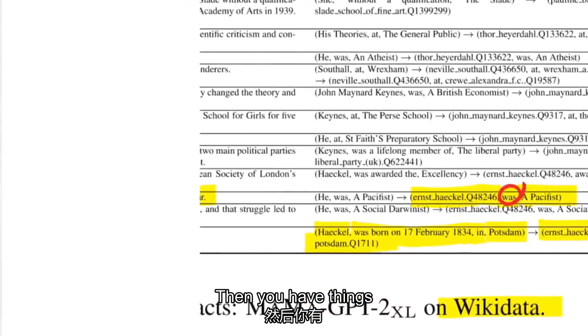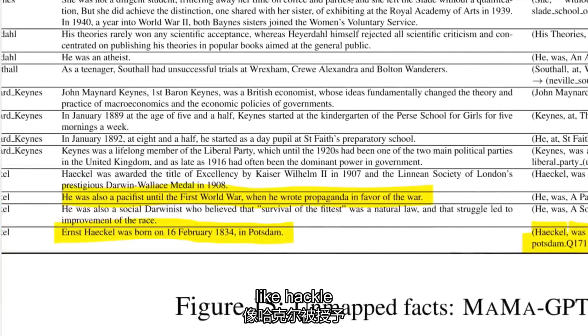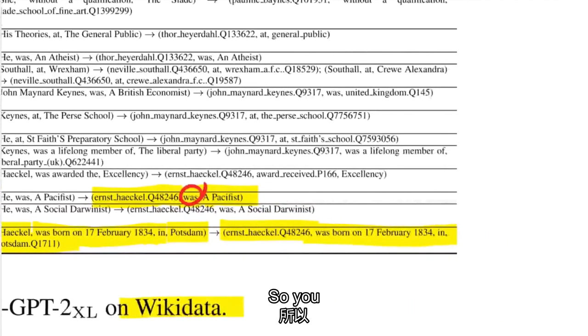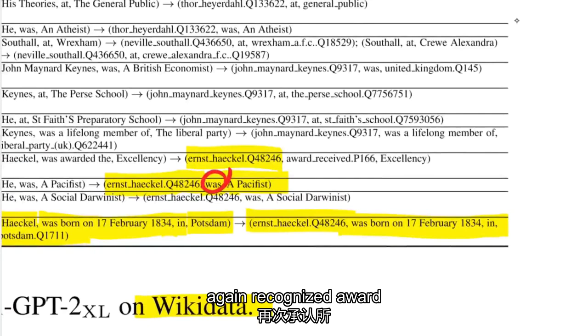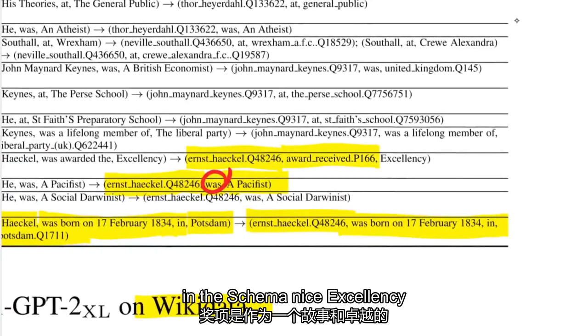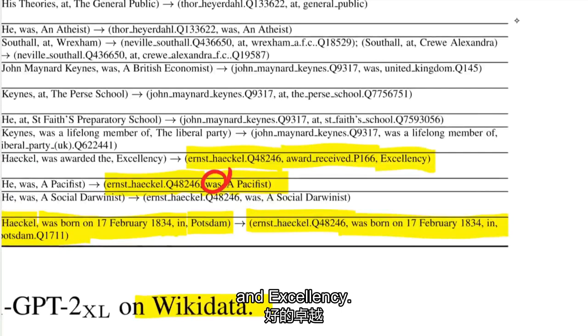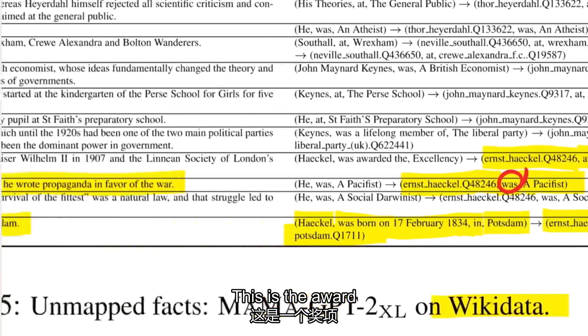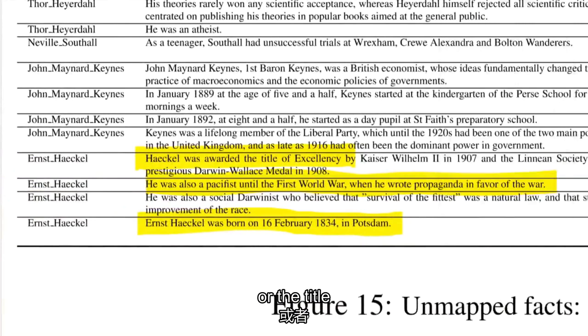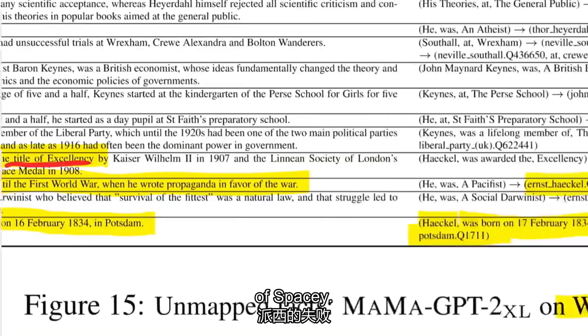Then you have things like Haeckel was awarded the title of excellency. So you have correctly Haeckel, again, recognized, award received is in the schema, nice, excellency as a tail. And excellency, you know, what do you want? This is not a fact, right? The award or the title of excellency would be the thing. So this is a failure of Spacy.